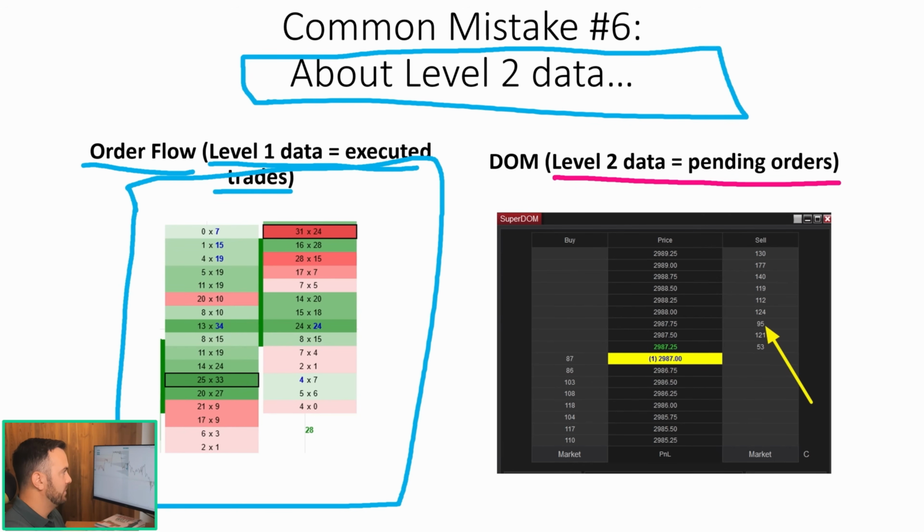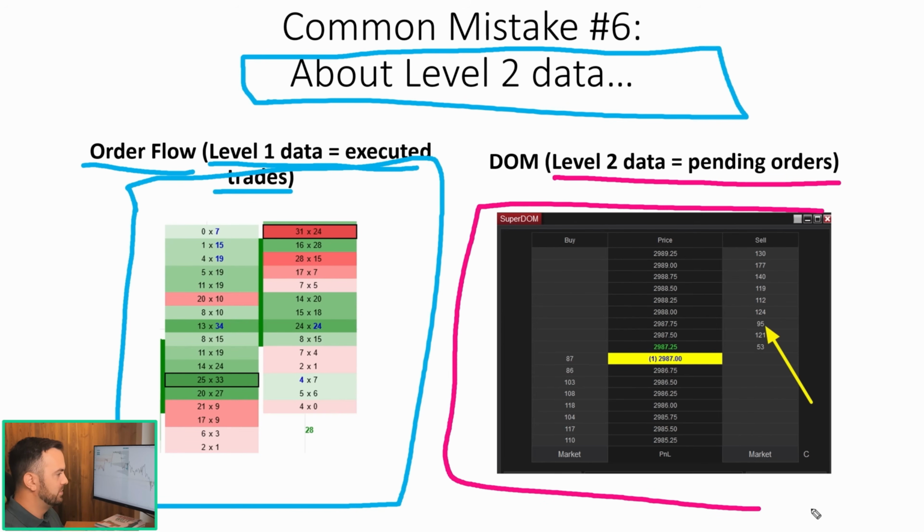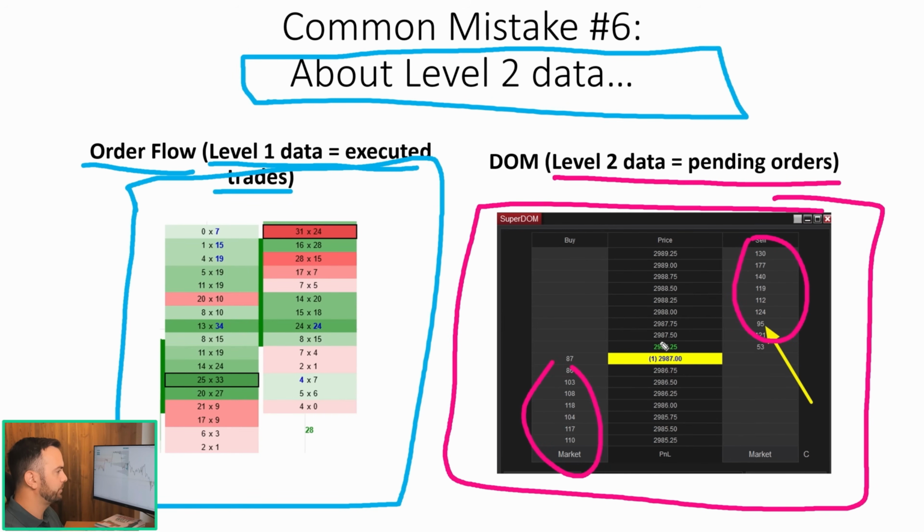Level 2 data is pending orders, but pending orders are orders which are very, very often not executed. And here you can see DOM, the depth of market, and those are the pending orders. For example, if an algorithm wants to manipulate the price to go up, what it does, it places pending orders here in order to lure the price to go up.